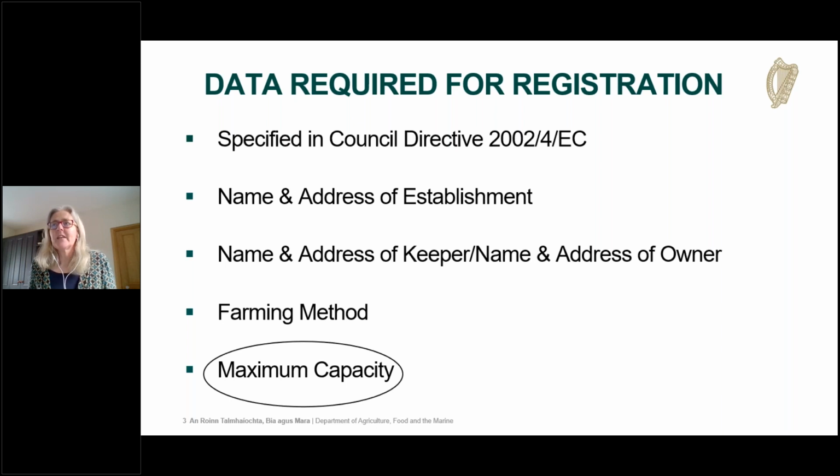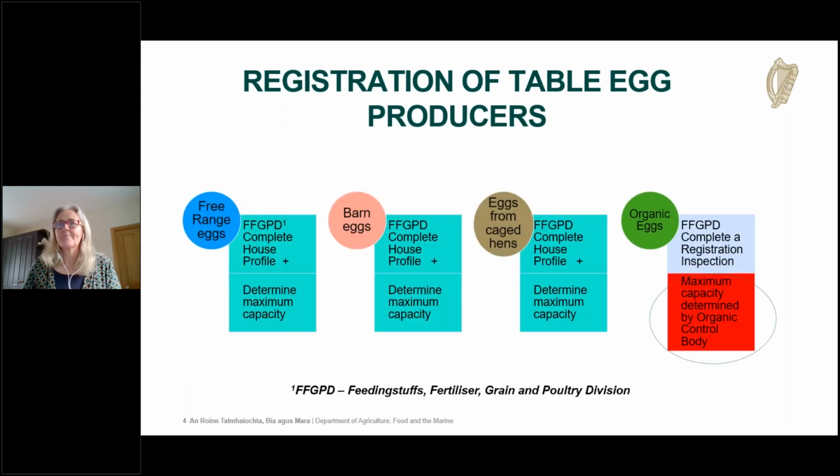And the reason, as specified in Council Directive 2002 for the registration, is to allow the competent authority, so in that case this is DAFM, and within that it's our division, to provide a distinguishing number for each egg producer, and the distinguishing number is the medium then that is used to trace eggs that are placed on the market for human consumption.